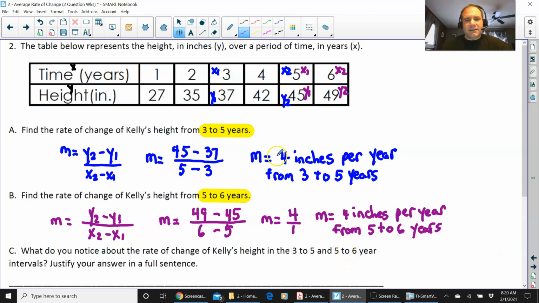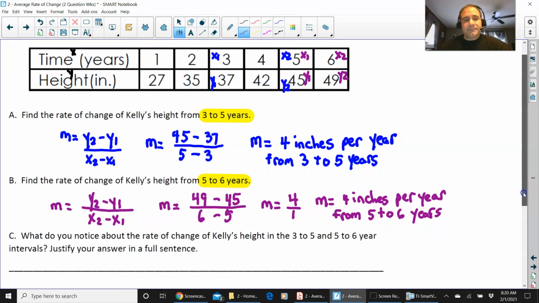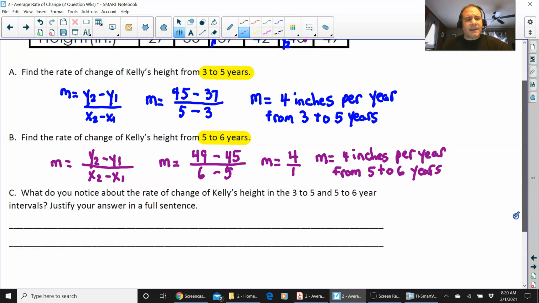So guess what? Take a look. 4 inches per year from 3 to 5 years, and then another 4 inches per year from 5 to 6. So what do you notice about the rate of change of Kelly's height in the 3 to 5 and 5 to 6 year intervals? Justify your answer in a full sentence.